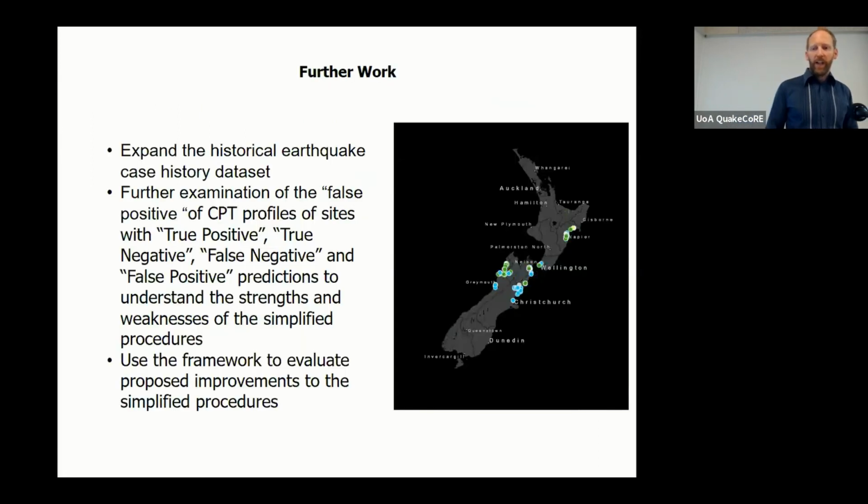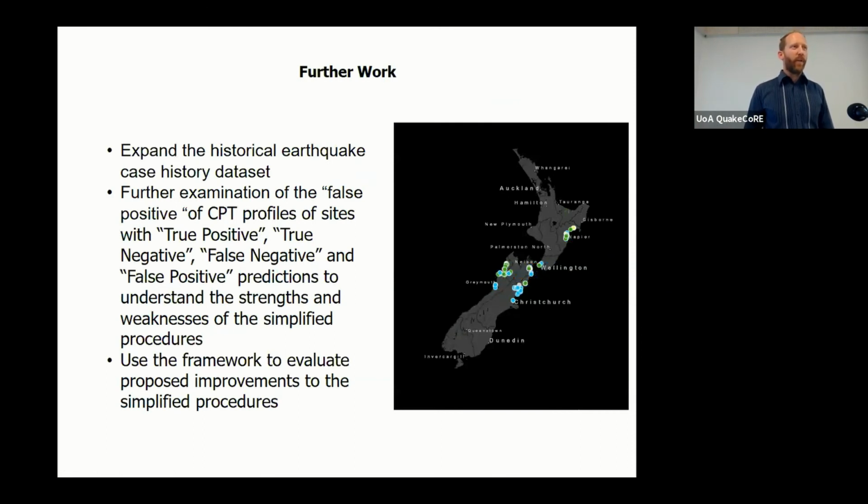Further work that we're now doing is looking to map all the case histories of liquefaction in New Zealand. A database has been pulled together from the historical earthquakes wherever liquefaction has been observed.